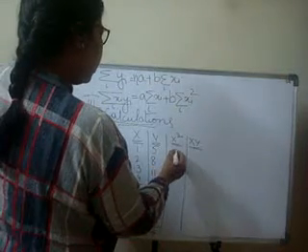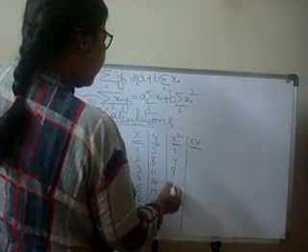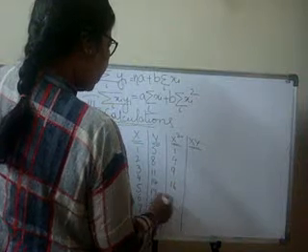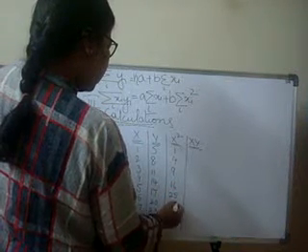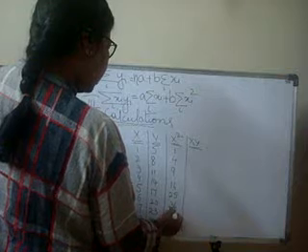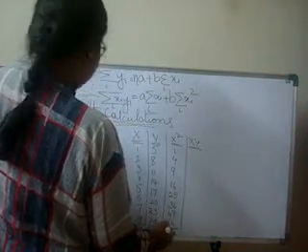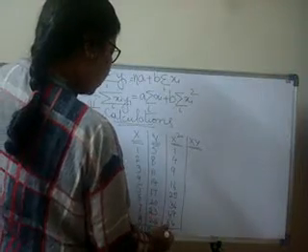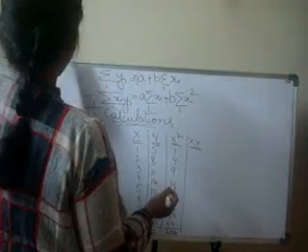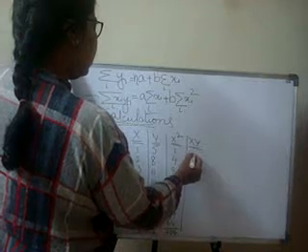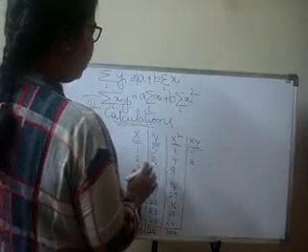X square: 1, 4, 9, 16, 25, 36, 49, 64. Sum is 204.